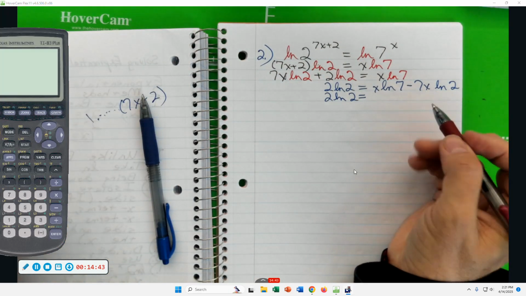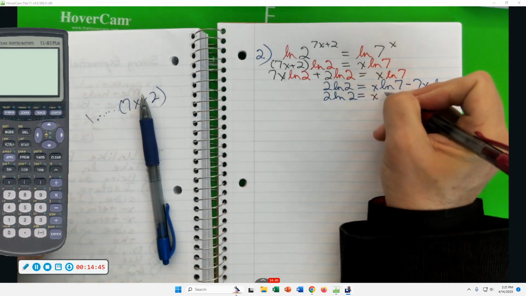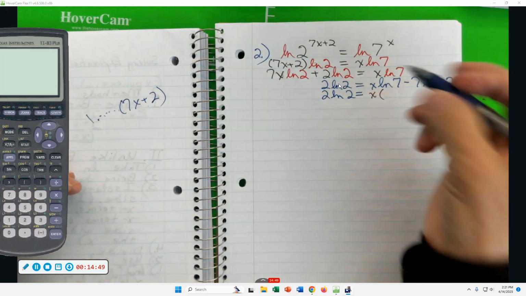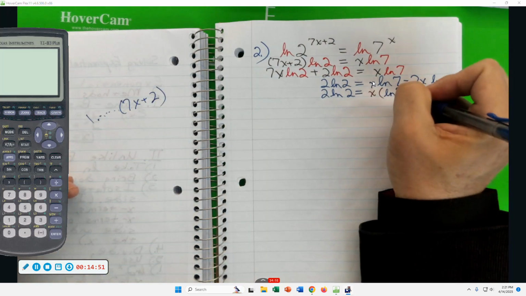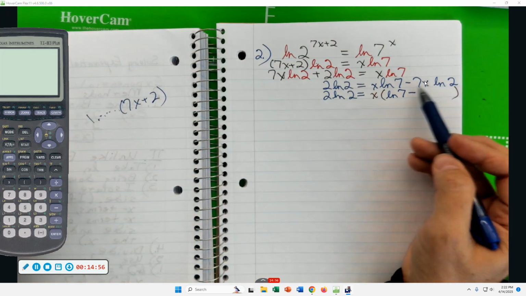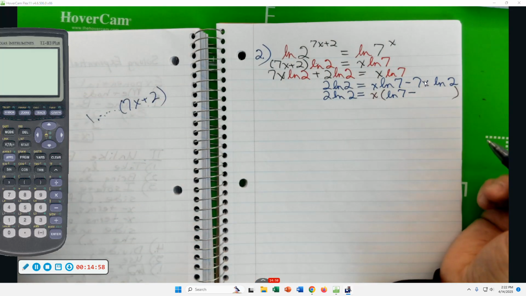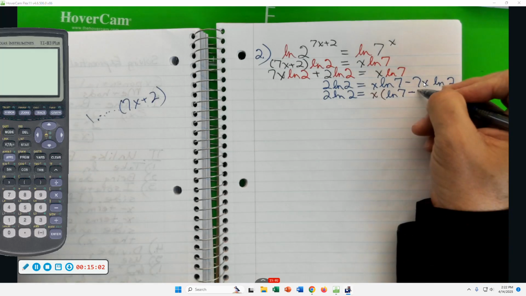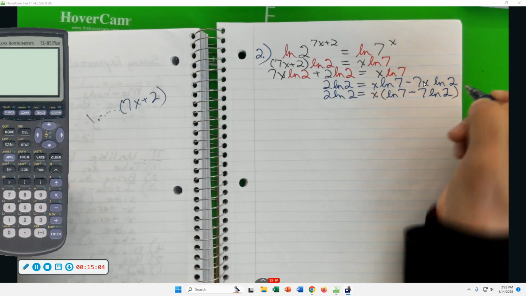We moved them over to the same side, so we're factoring out that x. That's going to leave me an ln 7 minus... what are we going to be left from this term here? We have that minus 7 times ln 2, correct.